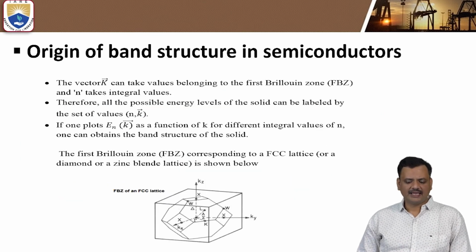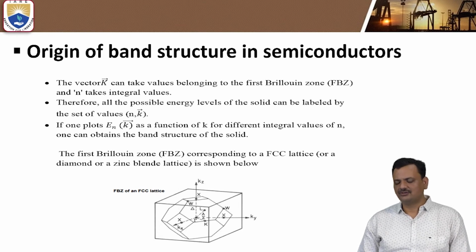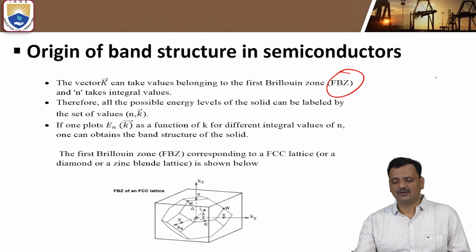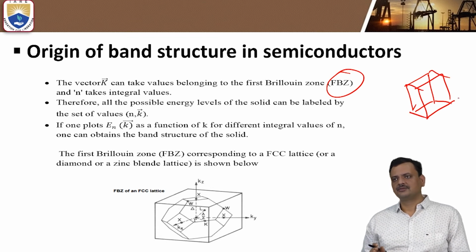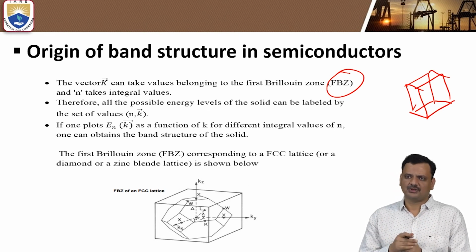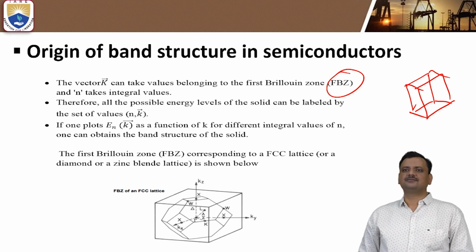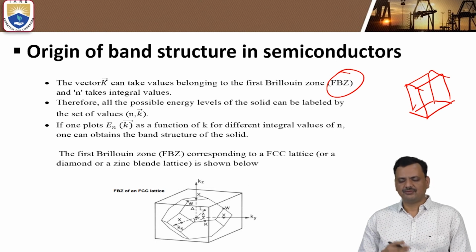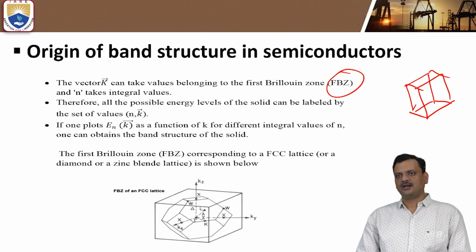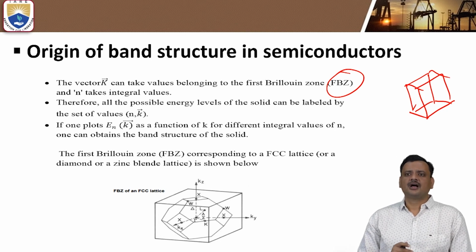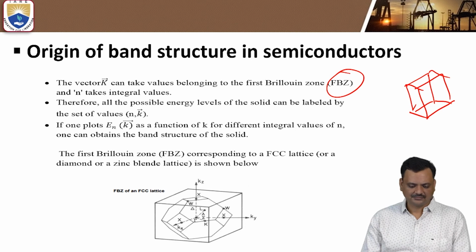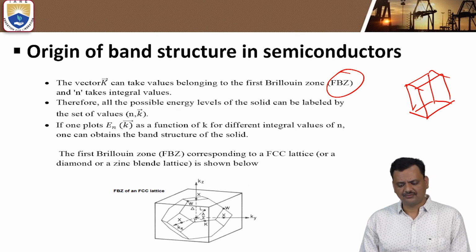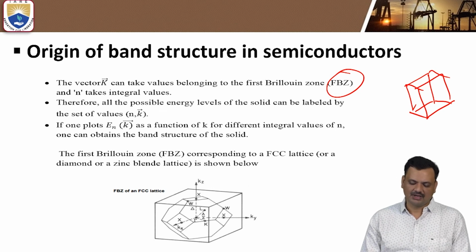The vector k can take a value belonging to the first Brillouin zone. Any material, lattice or crystal structure follows some crystal structure, such as simple cubic, tetragonal, trigonal. If you go through your solid state physics courses, you will find there is a concept of the Brillouin zone. So the vector k can take a value belonging to the first Brillouin zone, and n takes integer values.